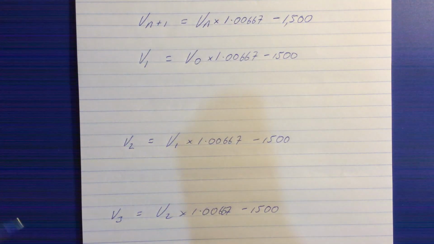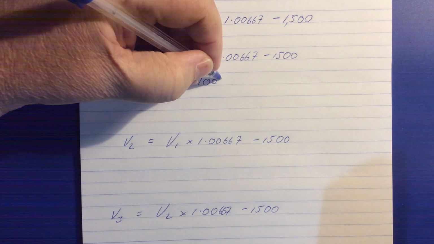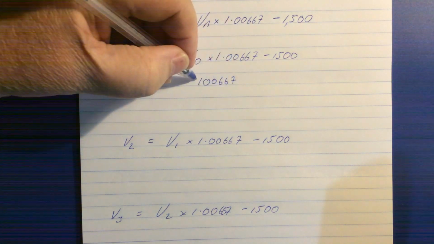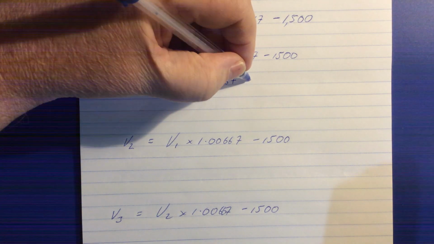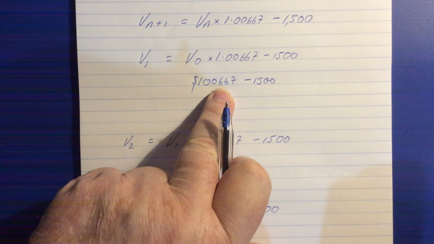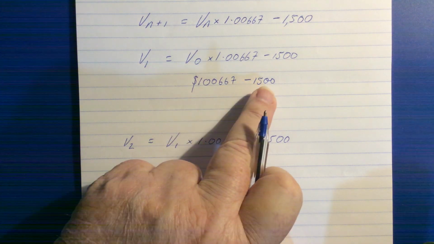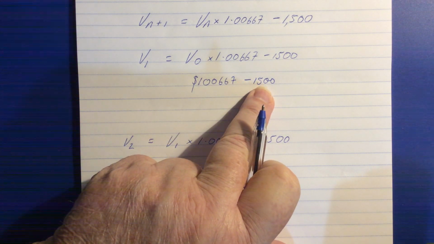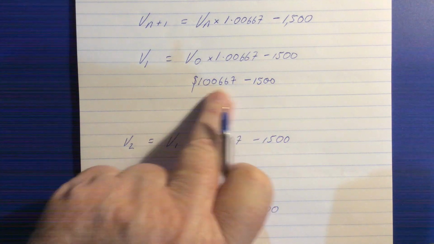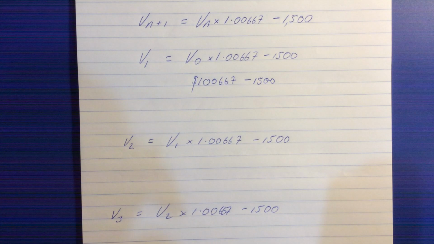$100,667, and from that we subtract $1,500, which is our payment. So that's the amount of interest that has accumulated, $667, and we're going to pay $1,500. So as you can see, we're going to get a smaller number for this, because we're paying more than the loan cost us.